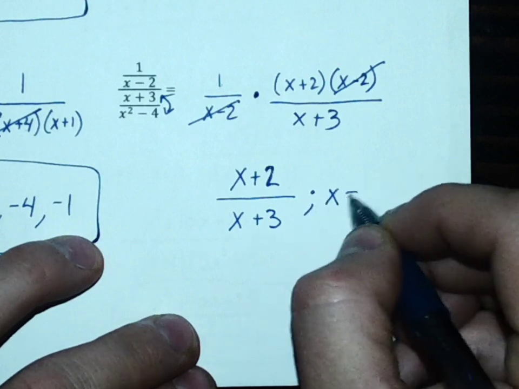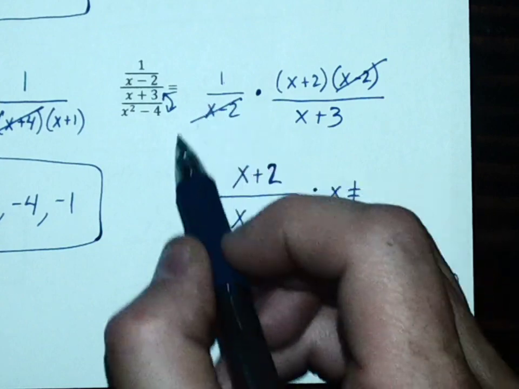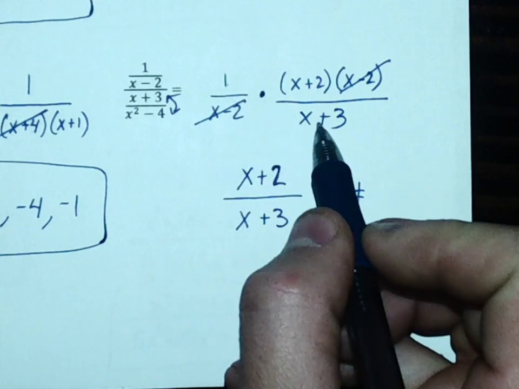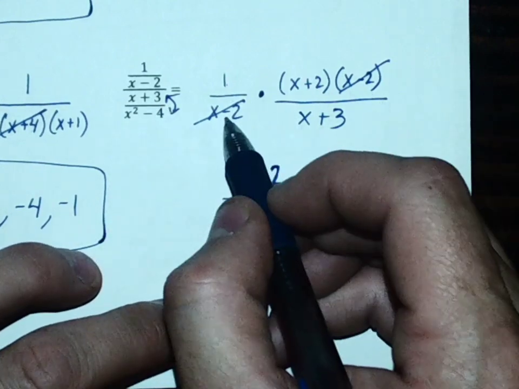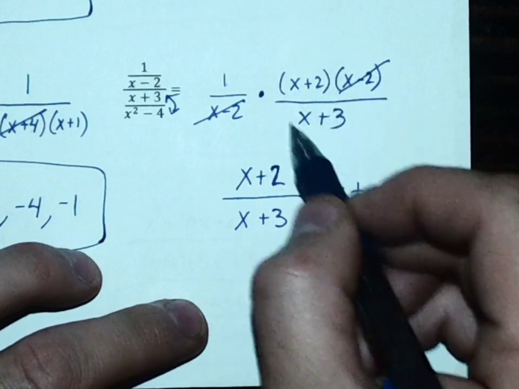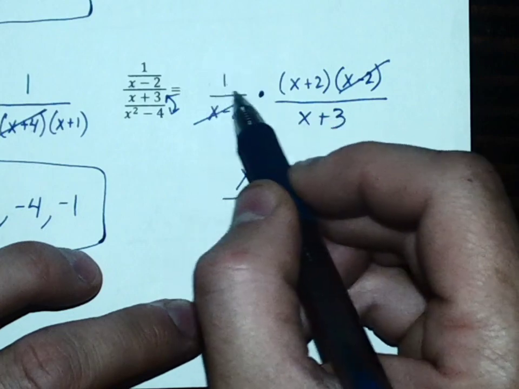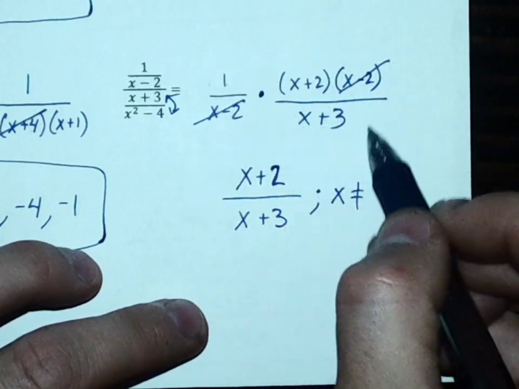What can x not equal? It cannot equal anything that makes this denominator 0. This original thing here, it gets moved to the bottom, so this is a denominator as well. So it's this one, and this one. You don't have to worry about this one, but you have to worry about this numerator and this denominator.